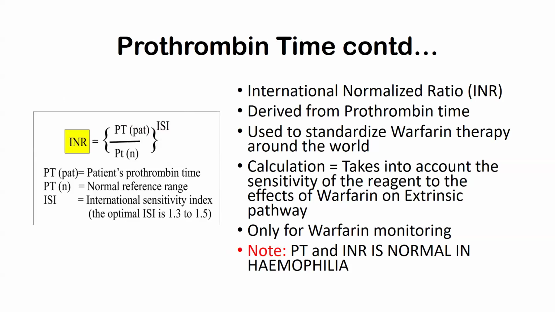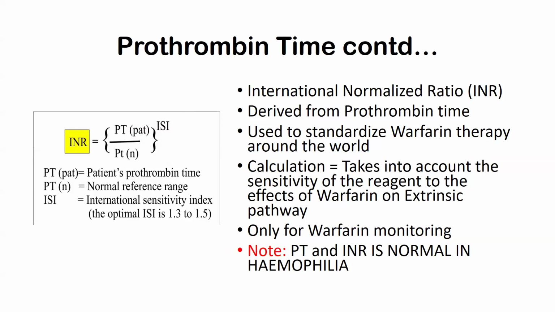So this is a continuation where I have explained the INR. INR is usually normal in our hemophilia patients, the same as prothrombin time, but INR is a ratio, the international normalized ratio. We calculate it from the prothrombin time. Basically, INR is mostly used for monitoring patients on warfarin. The calculation takes into account the sensitivity of the reagents to the effect of warfarin on the extrinsic pathway.